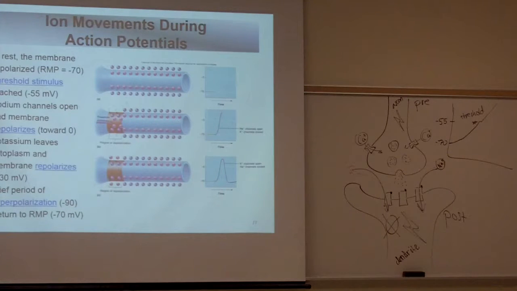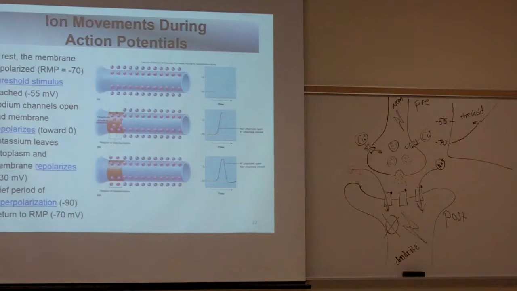We have a diagram here showing you, don't forget, all the sodium is hanging out outside at rest. Purple is sodium, potassium is inside, this is the axon, this is the voltage. Keep in mind, once that first segment of the axon is stimulated, it will always travel all the way down the axon.